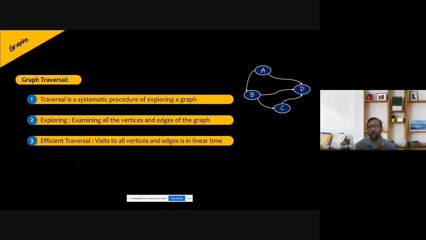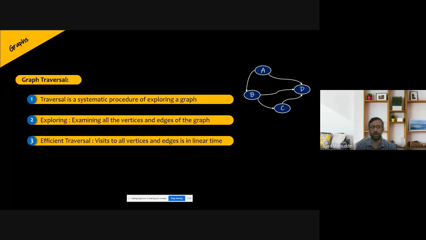There can be different ways of traversing or exploring the edges, but we need an efficient way of traversal so that we can visit each and every vertex going through edges of the graph in some linear or computational time.